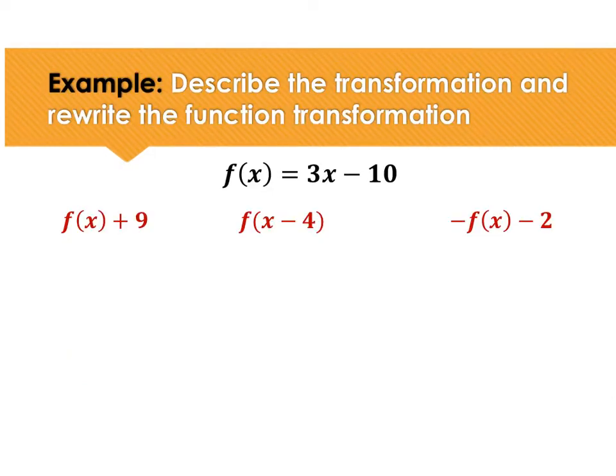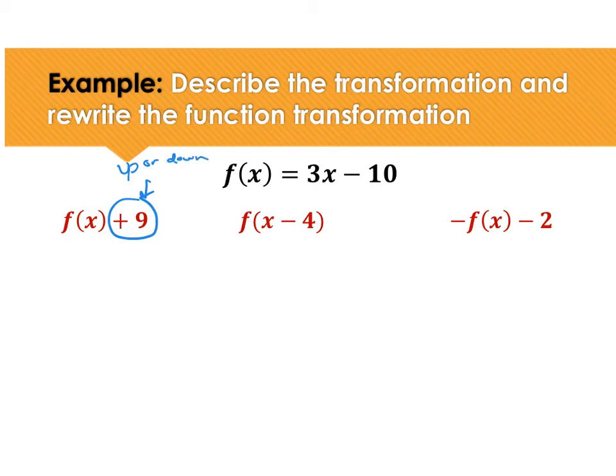So let's take a look at this example together. It says describe the transformation and rewrite the function transformation. So let's go through and describe each one of these. If you look at your notes, notice in the first case we have f of x plus 9. And remember, anytime you have a constant value on the outside, that shifts it up or down.